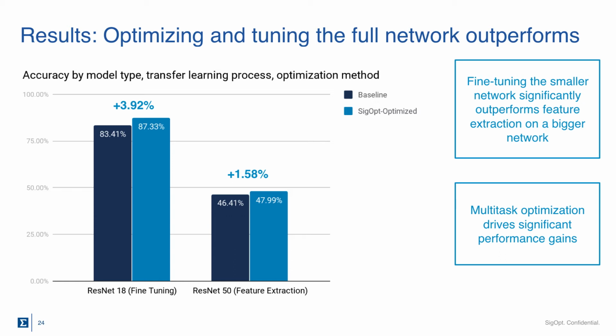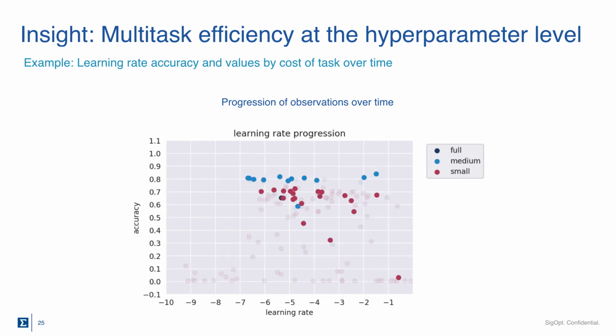So now that we see our results, we want to look at what multitask offered as efficiencies at the hyperparameter level. Here we see our learning rate hyperparameter space and the progression of how the learning rate is sampled over the experiment.